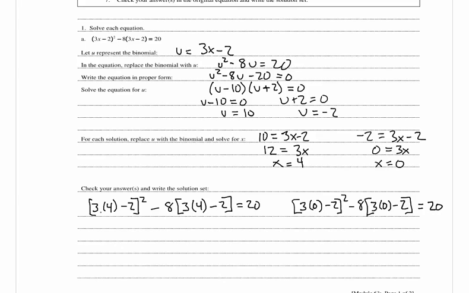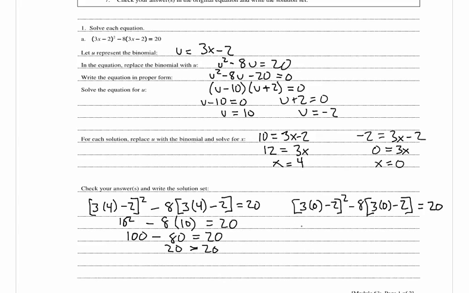For the first equation, 3 times 4 is 12, minus 2 is 10, so we have 10^2 - 8 times 10 = 20. 10 squared is 100, minus 80, and 100 minus 80 does equal 20, and 20 does equal 20.